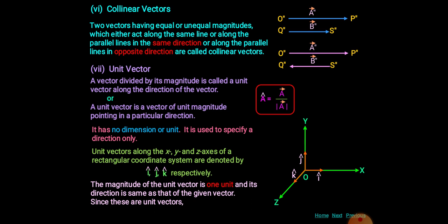The magnitude of a unit vector is 1 unit and its direction is the same as that of the given vector. So remember that for a unit vector the magnitude is what? 1 unit. Now see here, the magnitude of i cap, j cap, k cap is what? 1, obviously, because they are unit vectors.